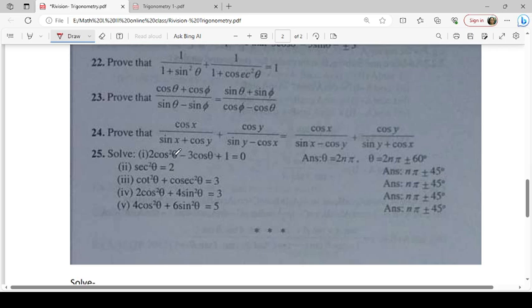If we say this is a quadratic equation in cos theta, then if we solve it: 2 cos square theta minus 3 cos theta is equal to 1.